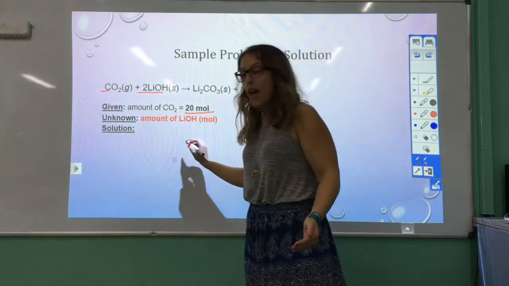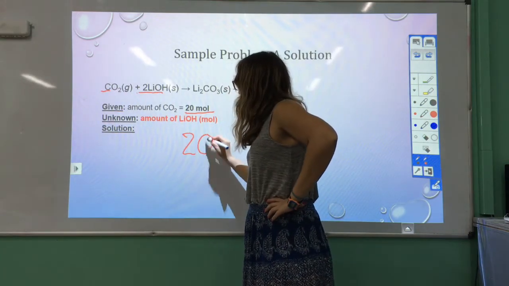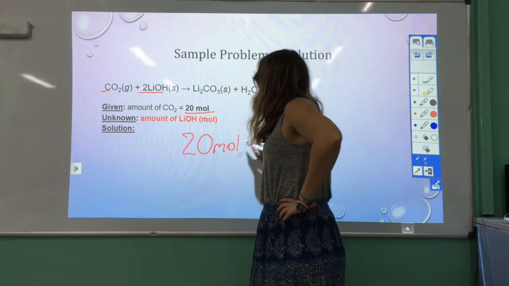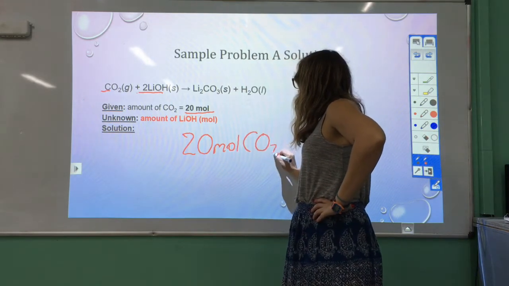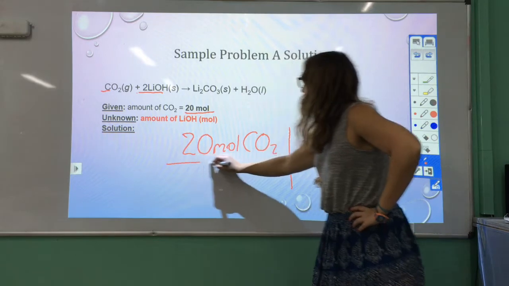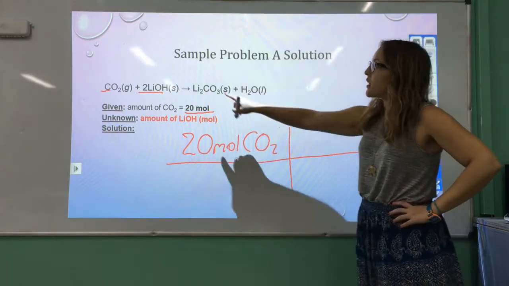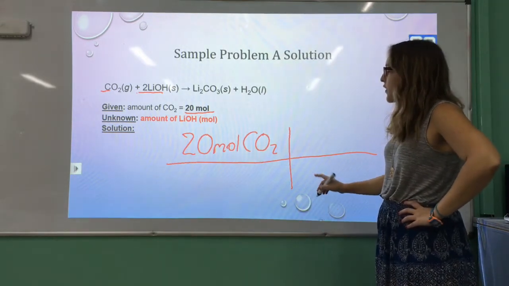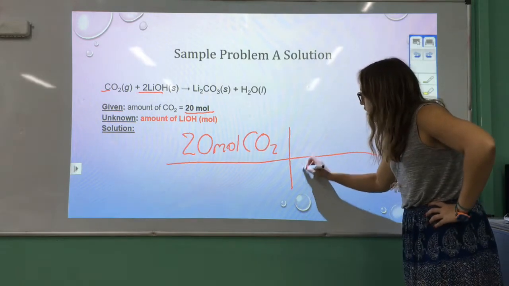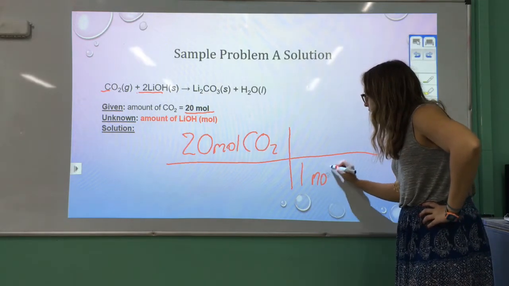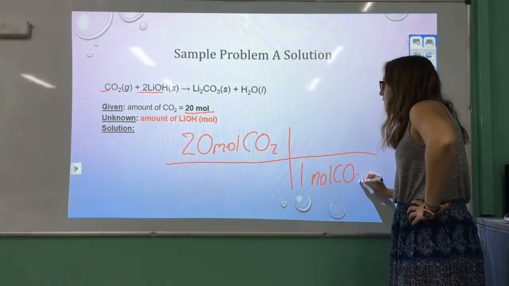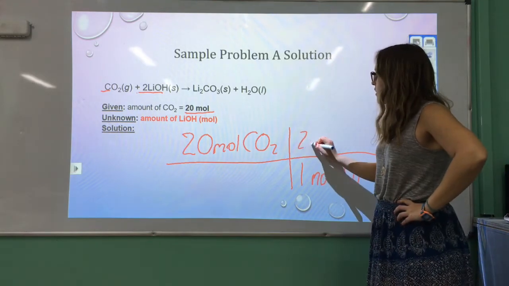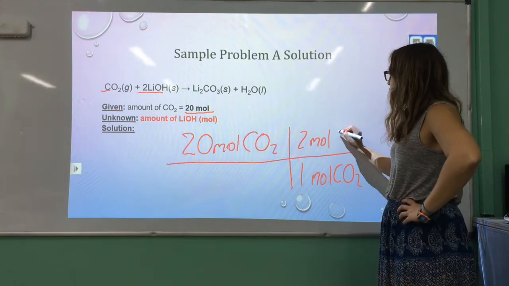So we can see that for 20 moles of carbon dioxide, using the mole-to-mole ratio, for every 1 mole of carbon dioxide, we have 2 moles of lithium hydroxide.